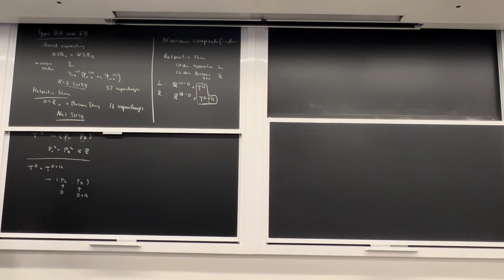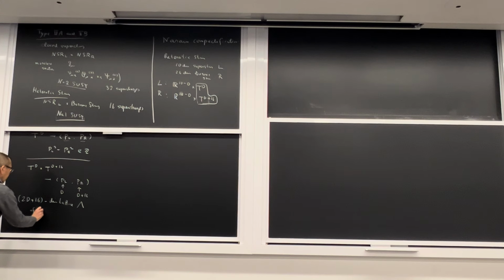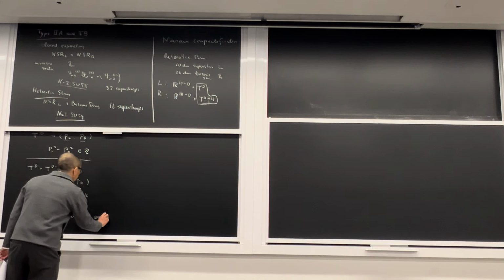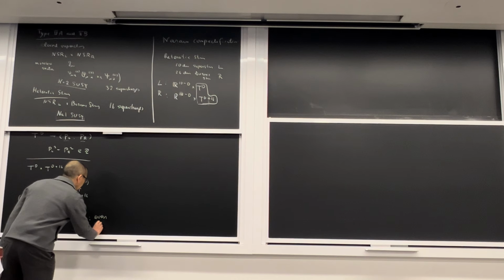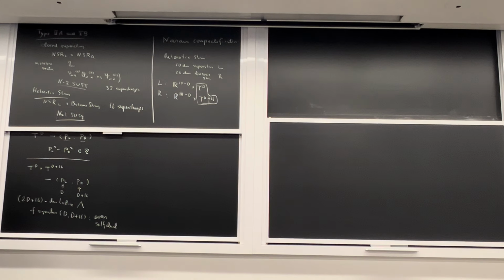So he asked this question, and essentially this reduced to the question of classifying the 2D plus 16 dimensional lattice lambda of signature (D, D+16), which is even, which is similar to this condition, and self-dual, which is required by S-duality transformation.